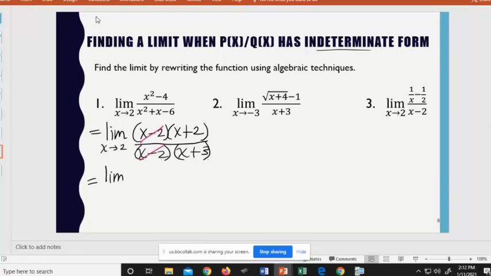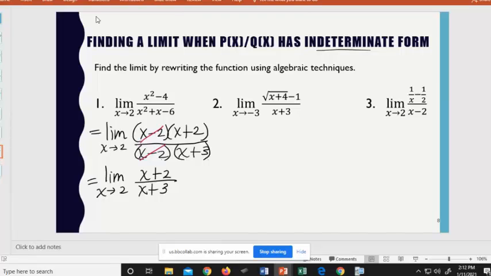So the limit of x plus 2 over x plus 3 as x approaches 2. We'll talk about this soon, but when I canceled those factors out, you probably remember this from pre-calculus. When I canceled that out, it told me I had a certain kind of discontinuity to the graph. You remember what it is?